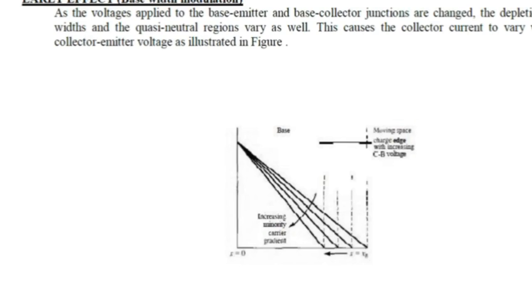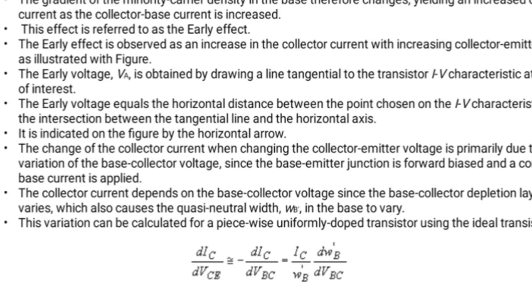Early effect. Whenever we apply a voltage, the base-emitter and the base-collector junctions will change. With the change in voltage, the depletion width will also vary, and this causes the collector current to vary with the collector-emitter voltage.